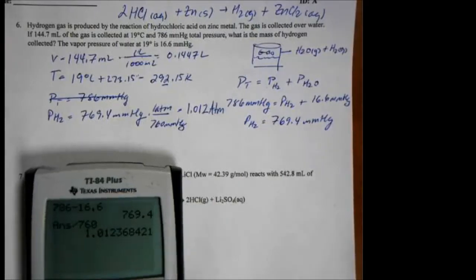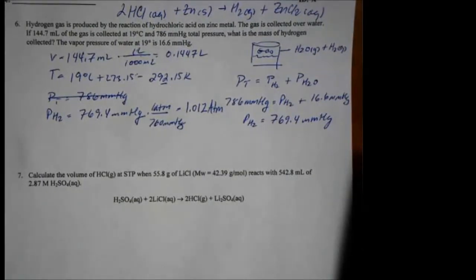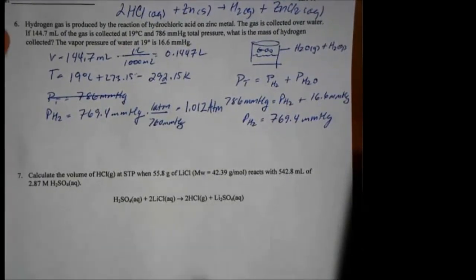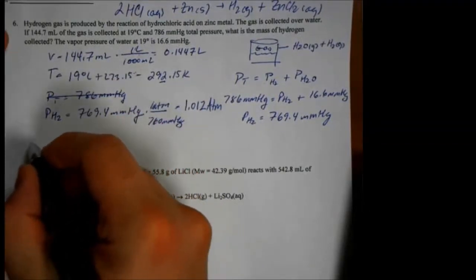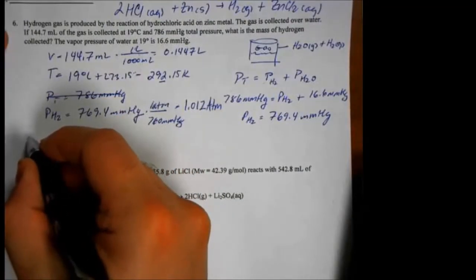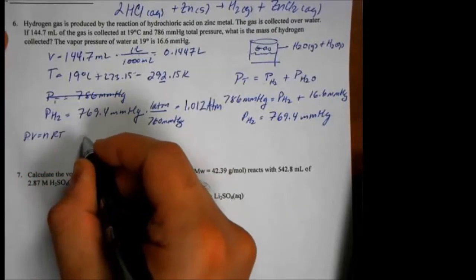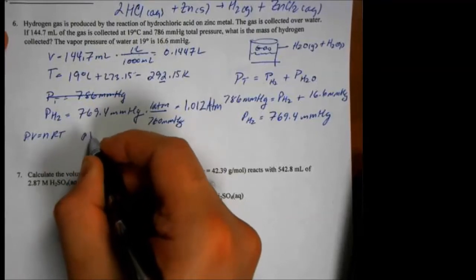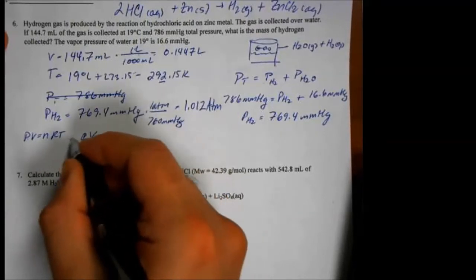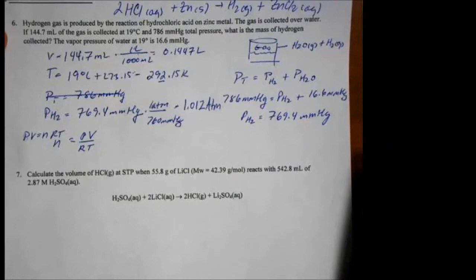So now we have everything we need in order to calculate the number of moles. From PV equals nRT, we can calculate the number of moles. If we rearrange, we get PV over RT equals n, the number of moles.